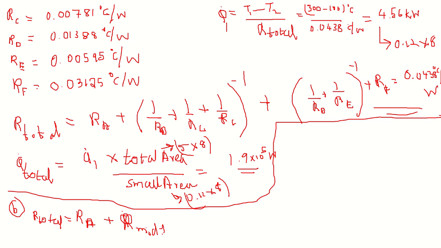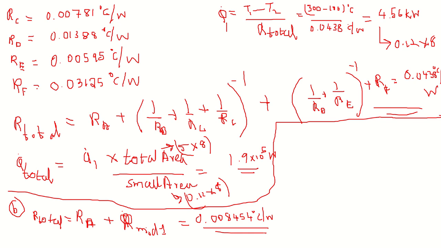At that point I'll get R total as 0.00854 degrees Celsius per watt.